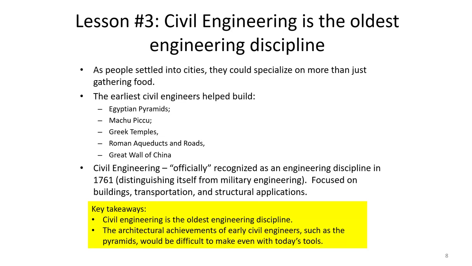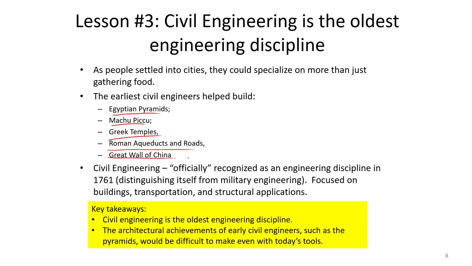And the earliest civil engineers are credited with building all sorts of great constructions. We have pyramids, Machu Picchu, temples, aqueducts, roads, Great Wall of China. A lot of these really impressive constructions and monuments were built by ancient engineers.